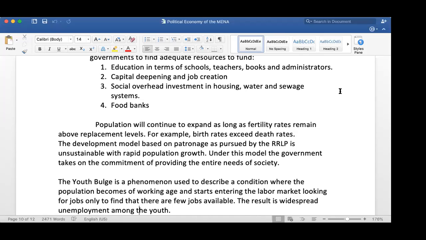So again, going back to corruption, this is the key. If you want to have a development trajectory in the MENA region or anywhere else in the world, that development trajectory must be based on transparency, full transparency, and lack of corruption.